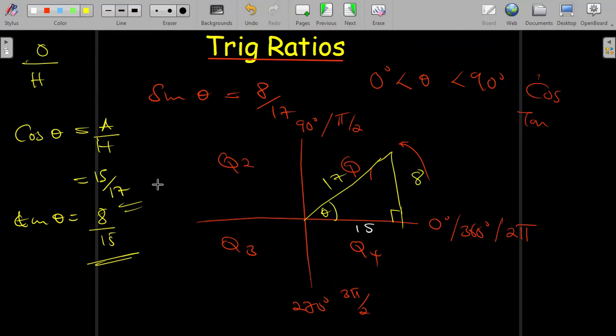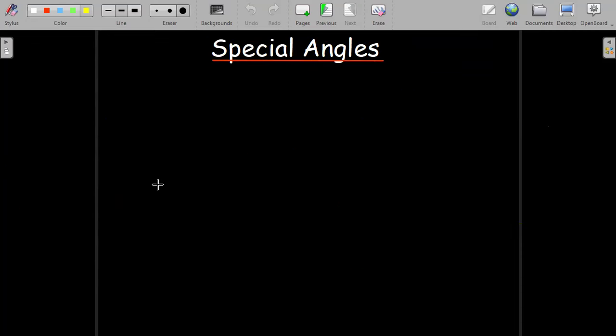All right, now let's go into what we call special angles. So for special angles, we have angles like 30 degrees, 60 degrees, 45 degrees.